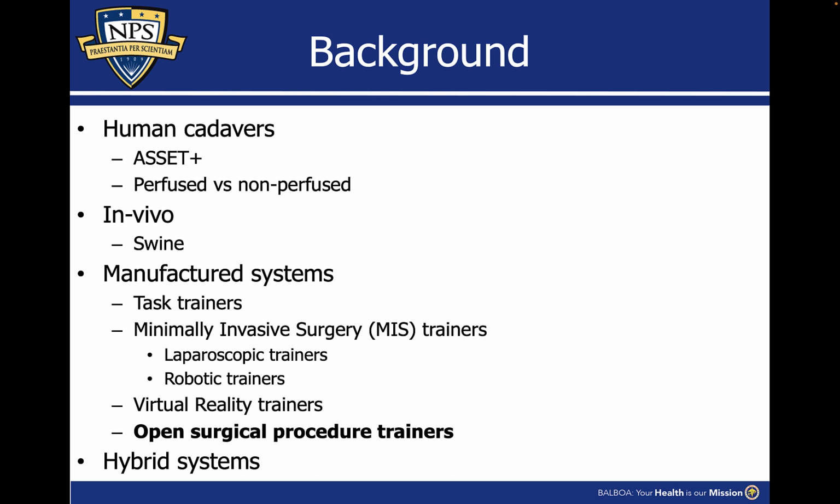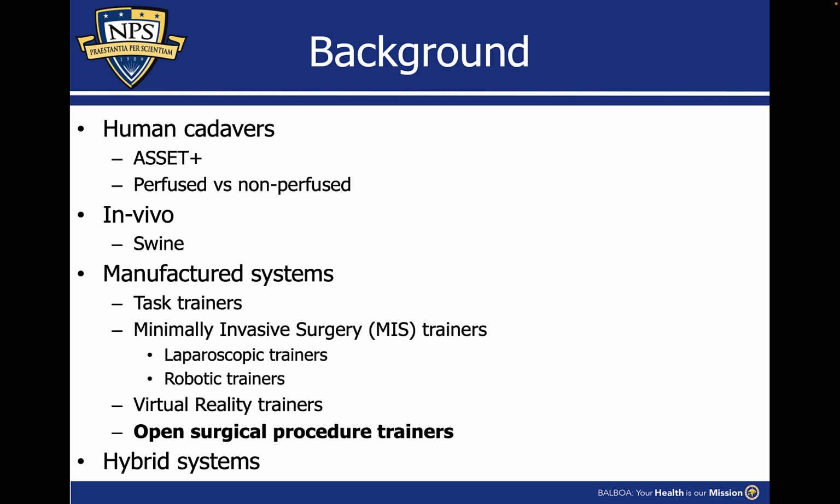For a perfused cadaver, you can use that for, say, practicing REBOA access as well as addressing any vascular injuries. In addition to human cadavers, we have in vivo models available to us here at Balboa. These are swine or porcine models.